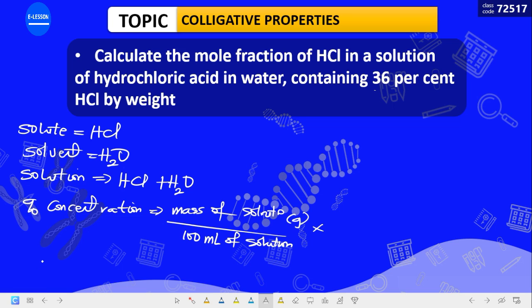So our percentage concentration in this case, the mass of solute is how many gram? 36 gram all over 100. It contains 36 gram all over 100 milliliter of water. So the mass of the solute is 36 gram.